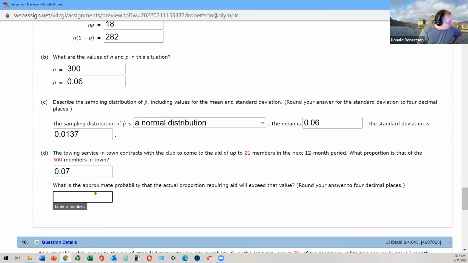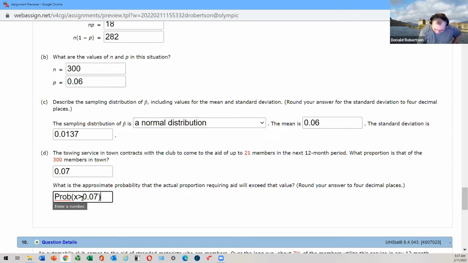But then they finish with, what is the approximate probability that the actual proportion requiring aid will exceed this value? So they're basically asking you to find the probability that X is bigger than the 7% that they've paid for.